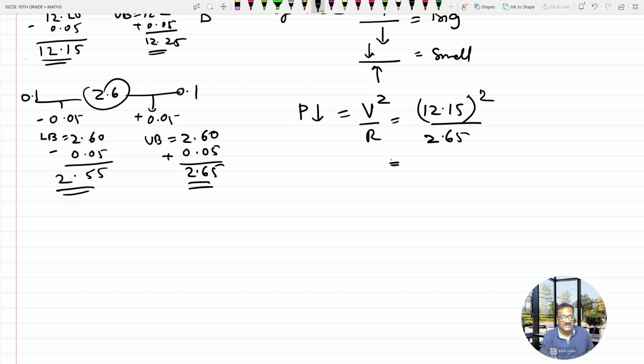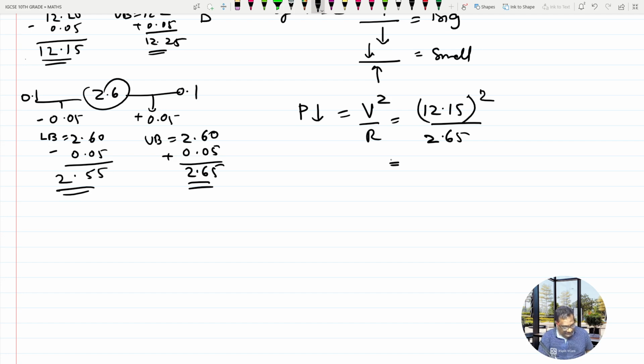So for the P value to be smaller, he has asked you to calculate the smallest possible value. So you have to calculate this value P. So it will be 12.5 squared divided by 2.65, right?